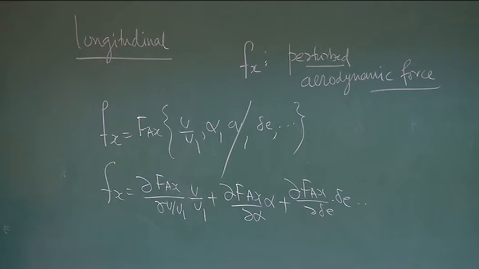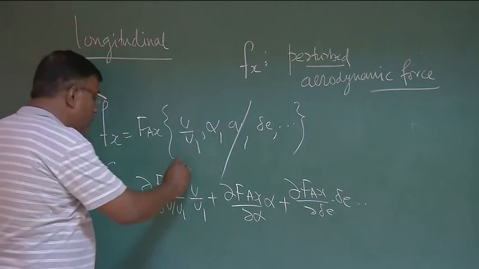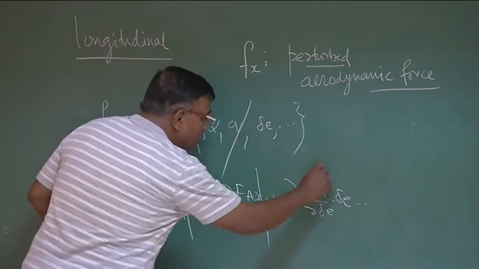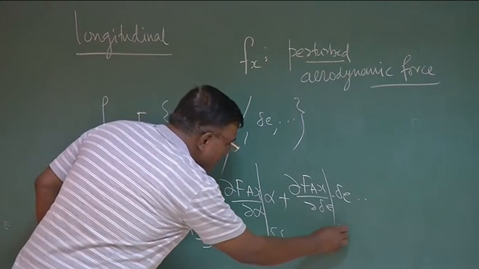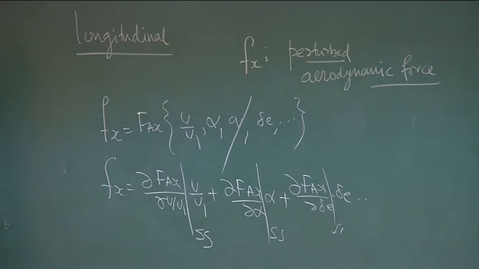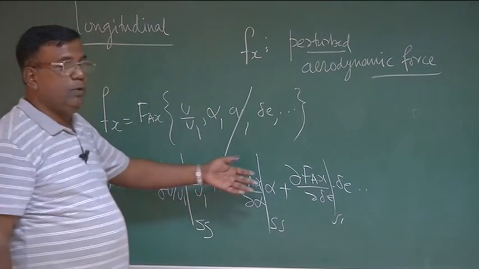What was the understanding of dFax by du by u1? All these derivatives are to be evaluated at steady state. That is important. Okay, and we derived some expression for this. Those you could see.